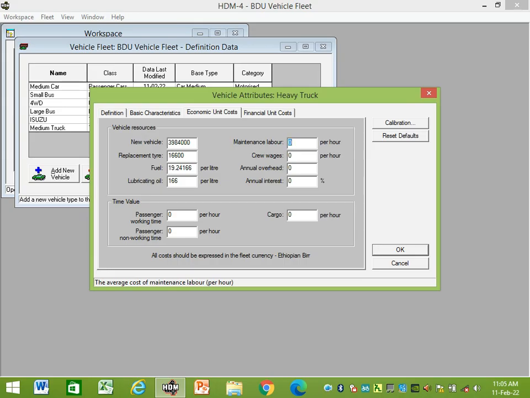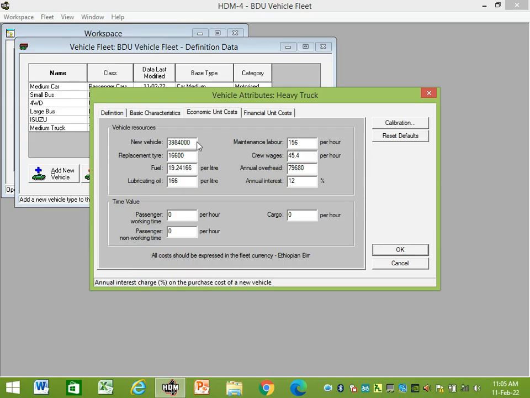Maintenance labor 156 economic. Crew wages financial 45.4. Overhead 79,680. Check. 12%.